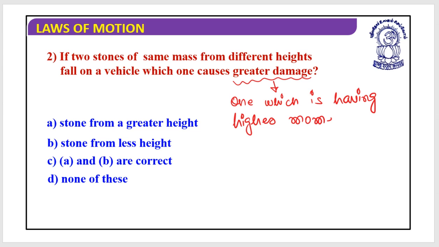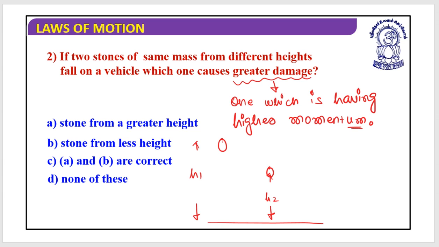So an object which has higher momentum can cause greater damage. So let's find it out. Let's suppose this is the vehicle on which it is going to fall. It's a height h1, and let's suppose this is released from here.